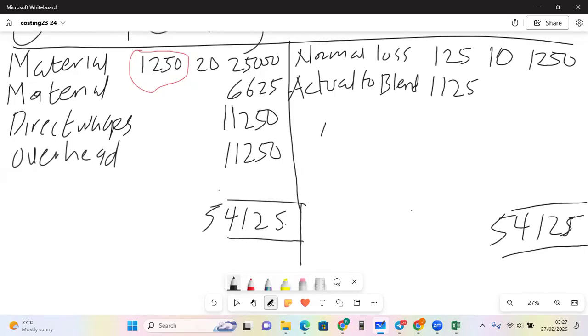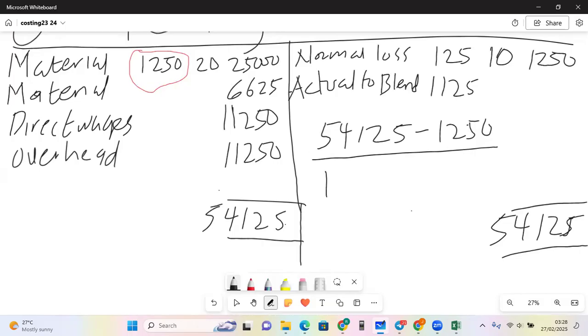So 5415 minus 150, all over 1250 minus 125.